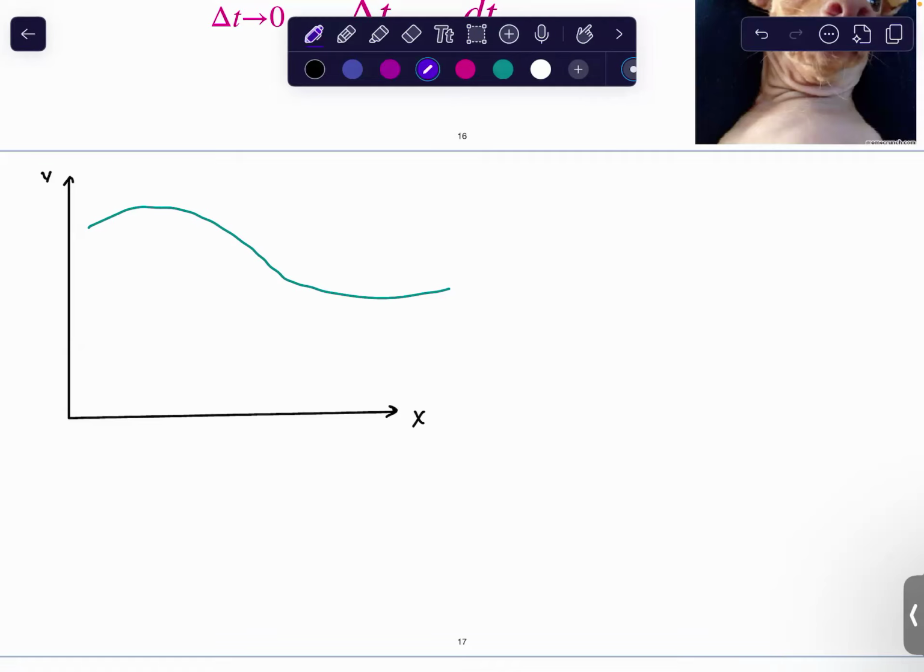So at the beginning, and let's go ahead and mark this as position versus time.